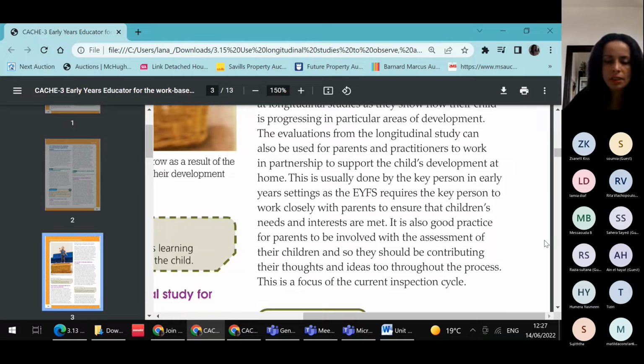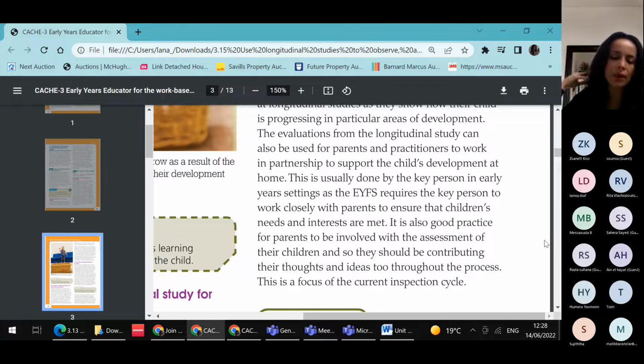This is usually done by the key person in the early years setting. It requires the key person to monitor the child over a long period of time, get all the information, and ensure that the children's needs and interests are met and documented. It is also good practice for the parents to be involved with the assessment of their children.